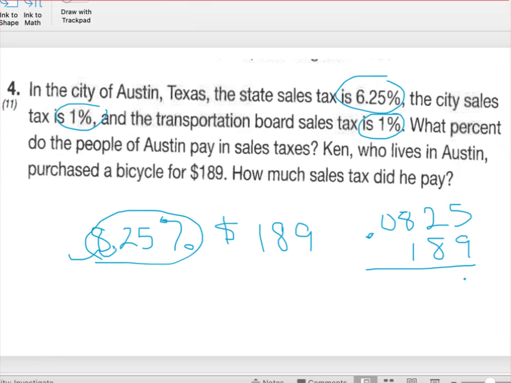5 times 9 is 45. 2 times 9 is 18, plus 4 is 22. 8 times 9 is 72, plus 2 is 74. And a 7 comes down there because that's just a 0. So now we're done with this one. So we're going with the 8. 5 times 8 is 40. Carry the 4. 2 times 8 is 16, plus 4 is 20. Carry the 2.